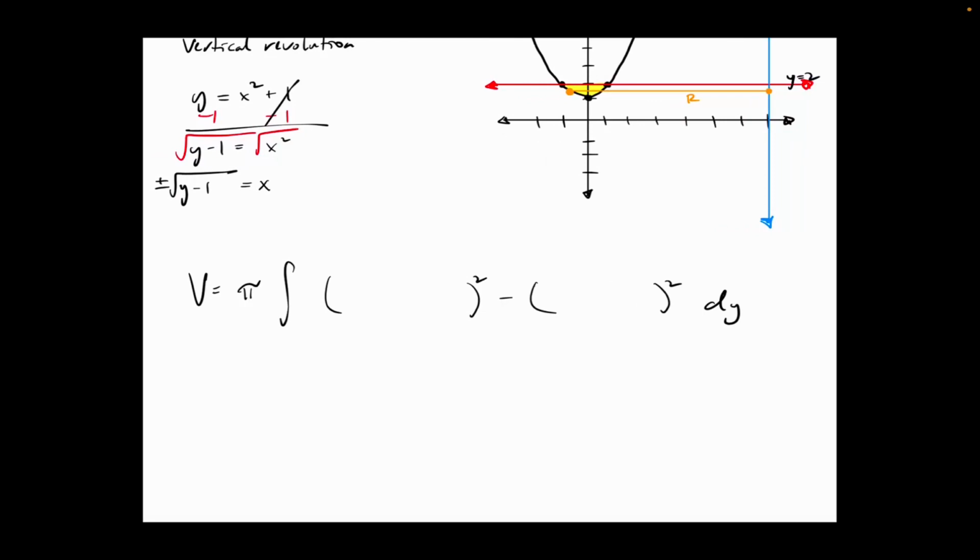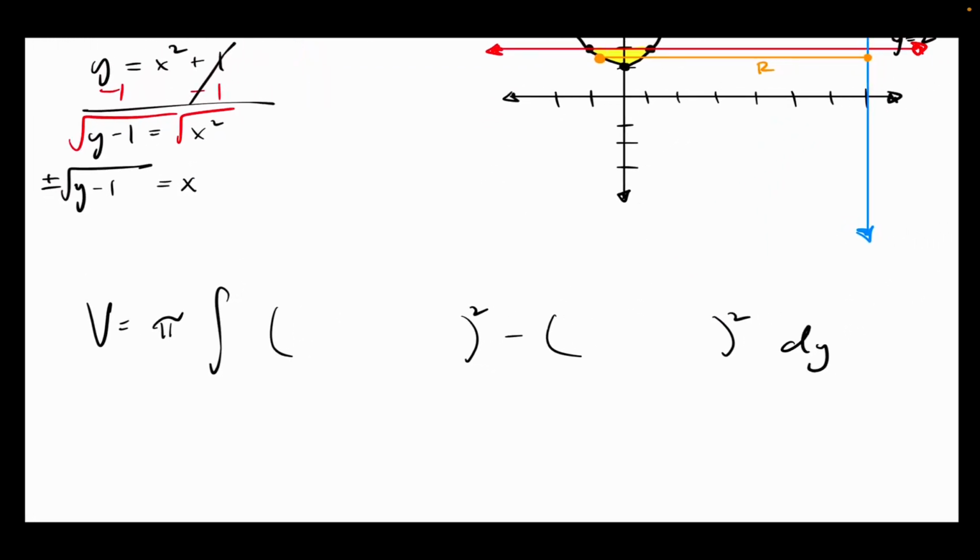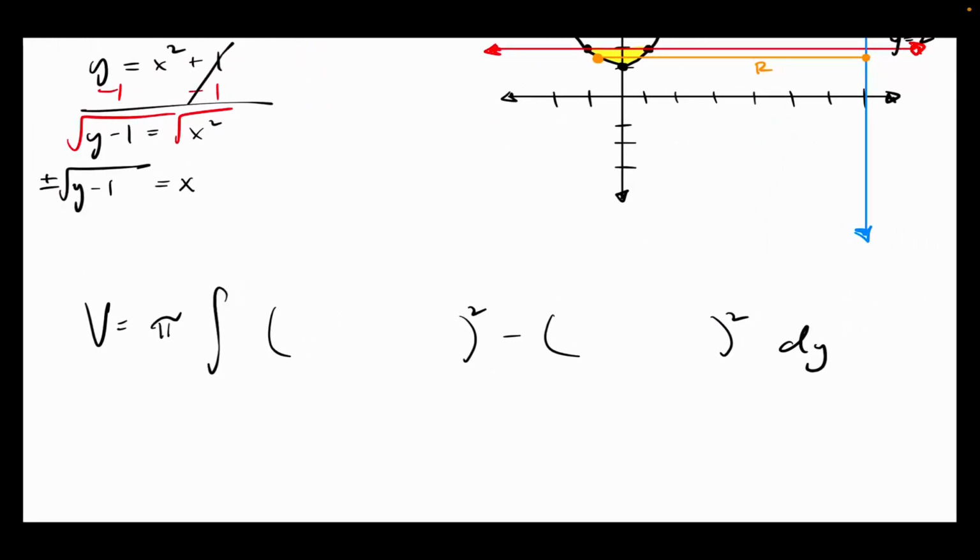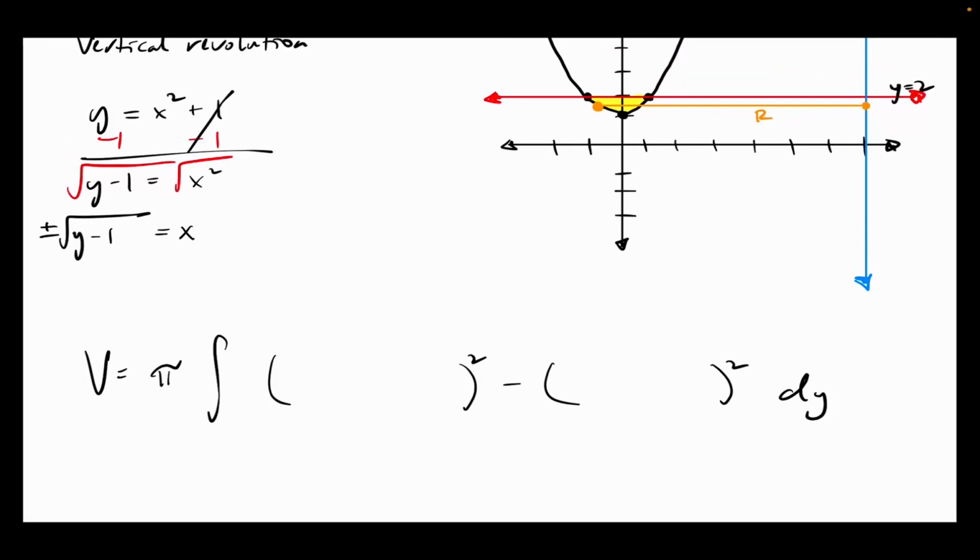Okay? Okay, so it's going to be 7, 7's the right, minus negative root y minus 1.